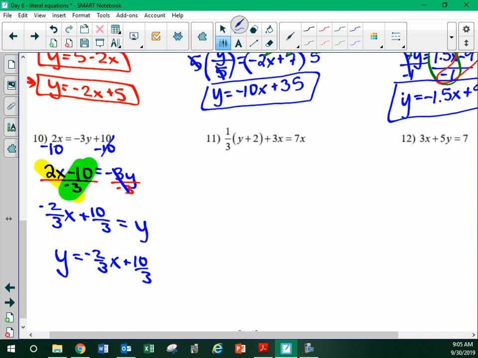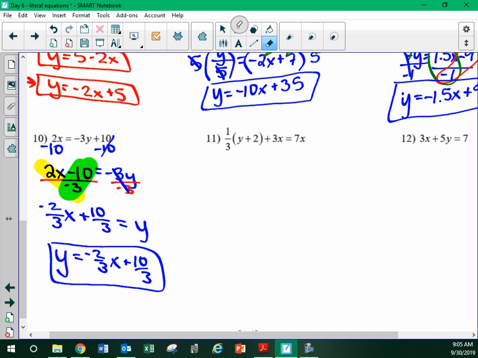Wait, so we wouldn't write the answer that we got for negative 10 divided by 3? If you can put 3 1/3, that would be fine. Like, you can have it like this. You don't want to leave it as division here because we still have to divide that out.